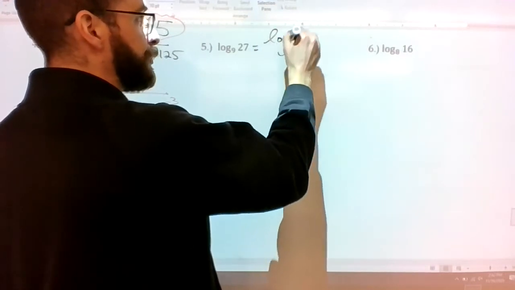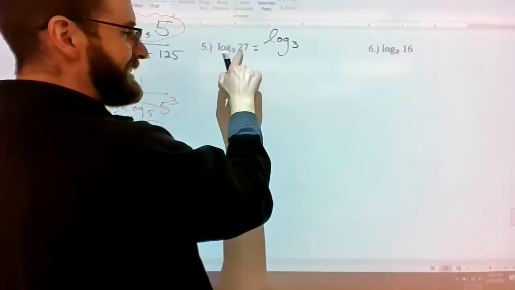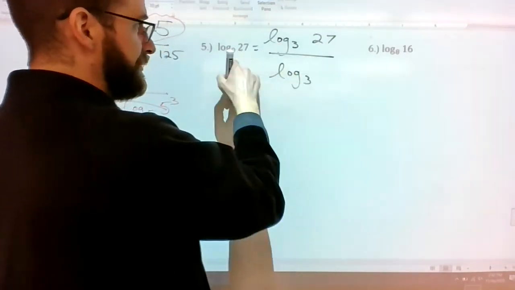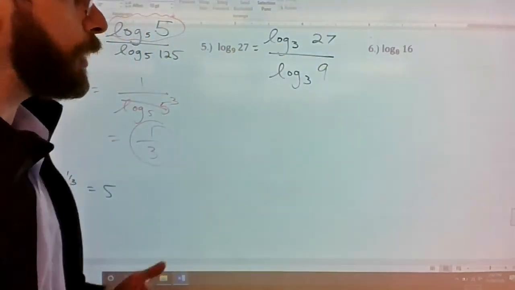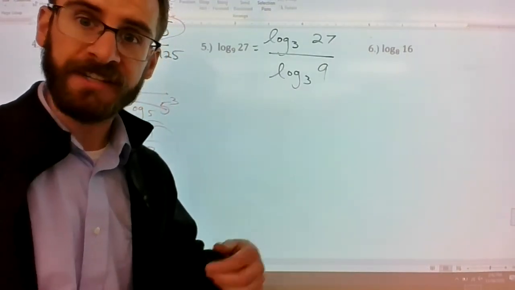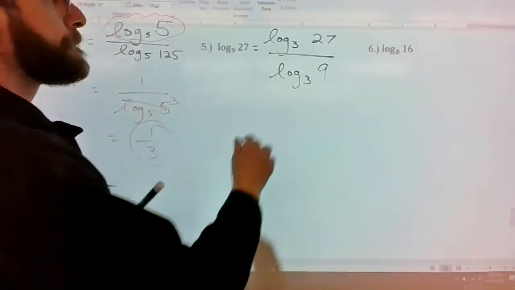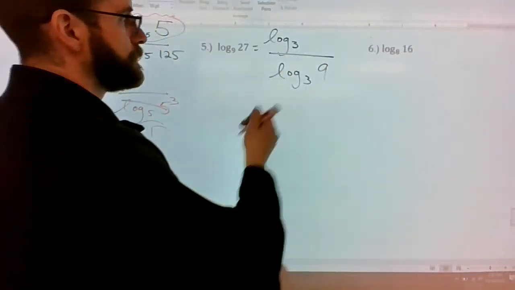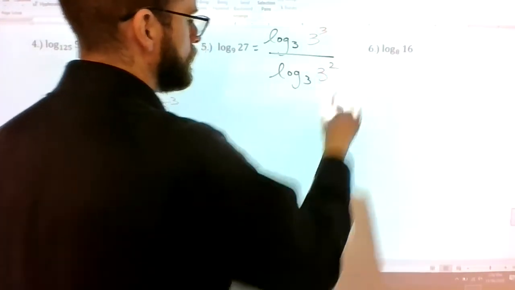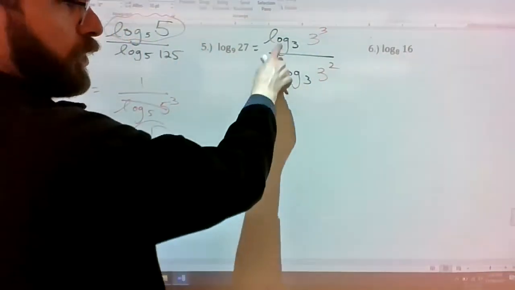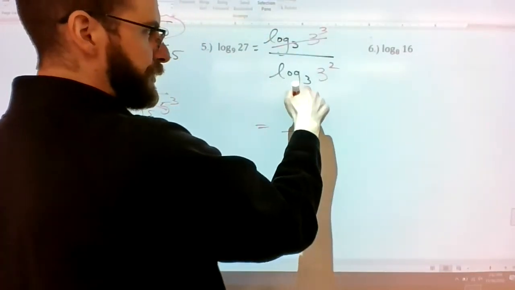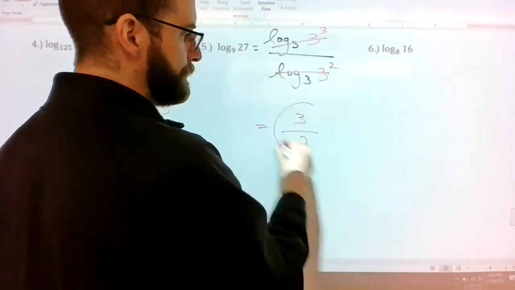Log base 3 of 27 divided by log base 3 of 9. With that change of base, it should be pretty straightforward that 27 is 3 to the third power, and 9 is 3 to the 2 power. So log base 3 of 3 cancels out. You're left with 3 on top. Log base 3 of 3 cancels out. You're left with 2 on the bottom. There's your answer.